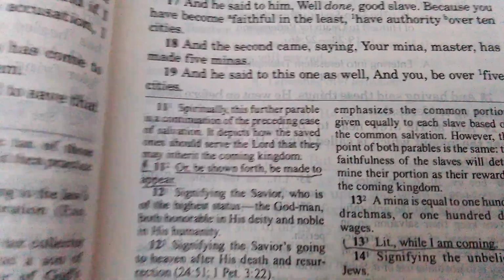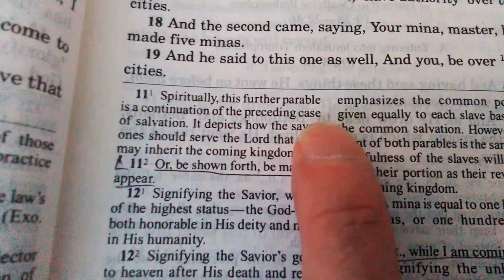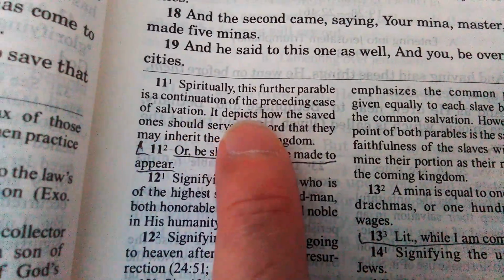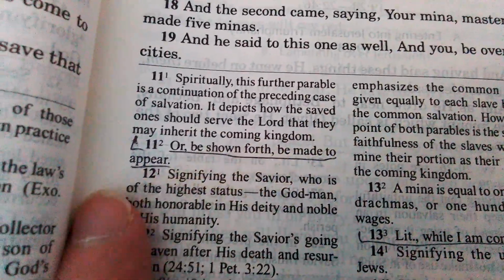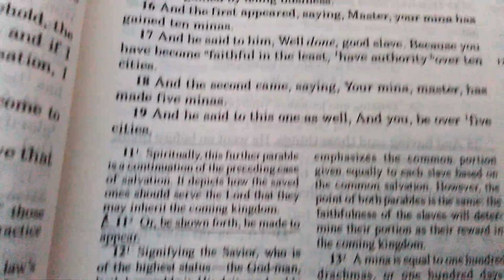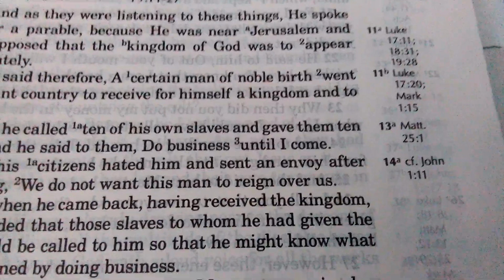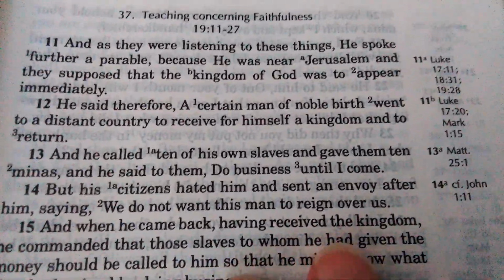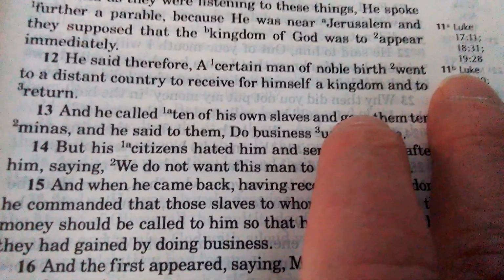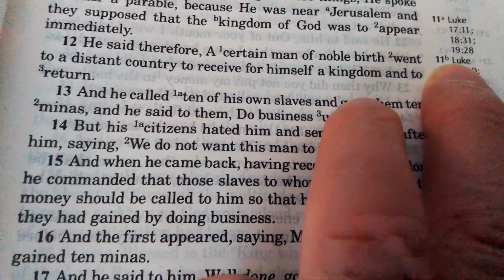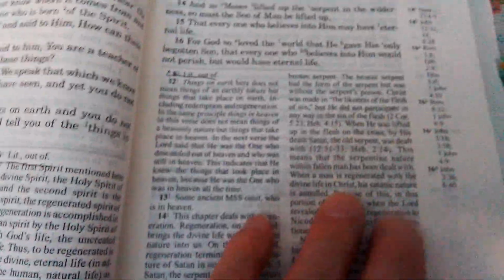Now it goes to 1 spiritually. This further parable is a continuation of the preceding case of salvation. It depicts how the saved ones should serve the Lord that they may inherit the coming kingdom. So you see, not only is there the 1, but also a letter on the side. So those are both important when you go through this whole thing.